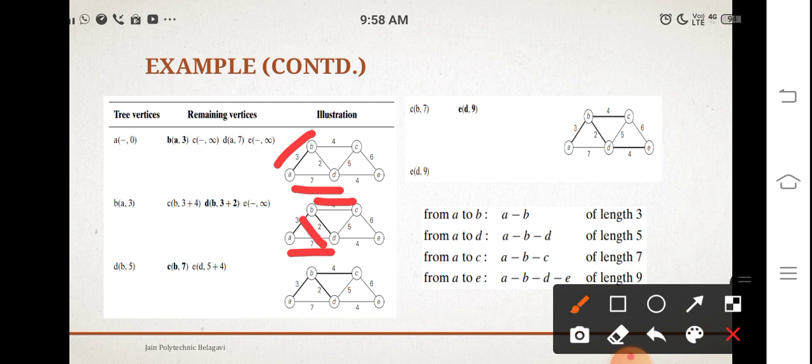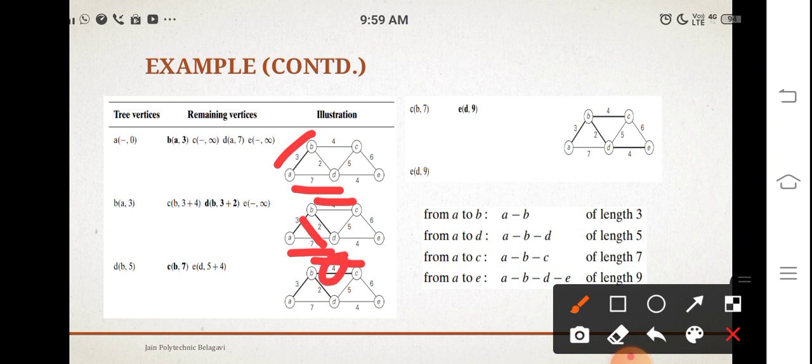So among these three, B to C is 4, that we are selecting. That is, we are going to select from A to B, B to C, that is of length 4. That edge we are selecting, this one.